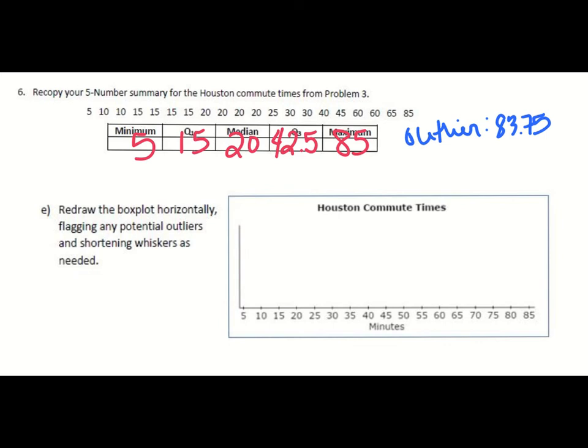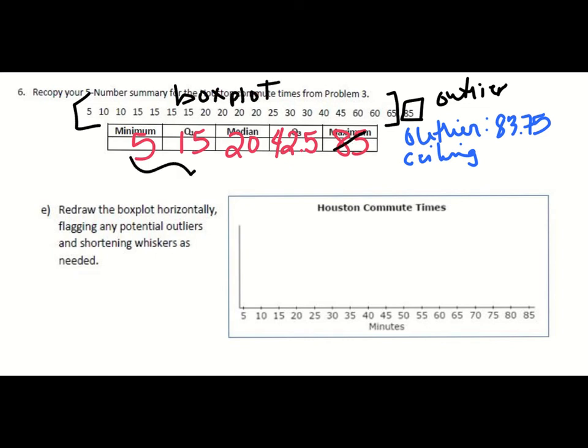Since your outlier ceiling was 83.75, this is an outlier. This is the only part that's going to be on your box plot. So your maximum now for your box plot is going to be at 65. It's going to stop at 65.